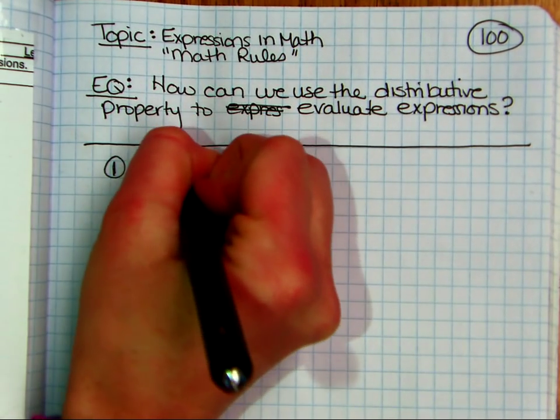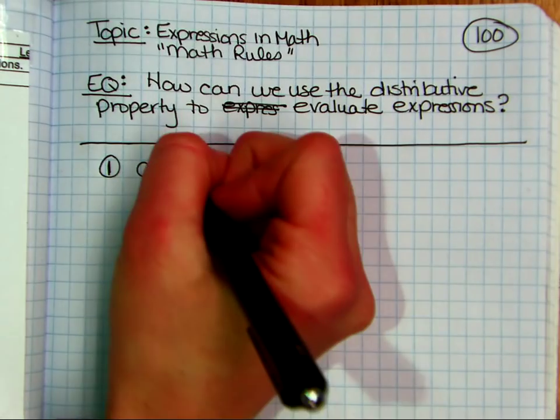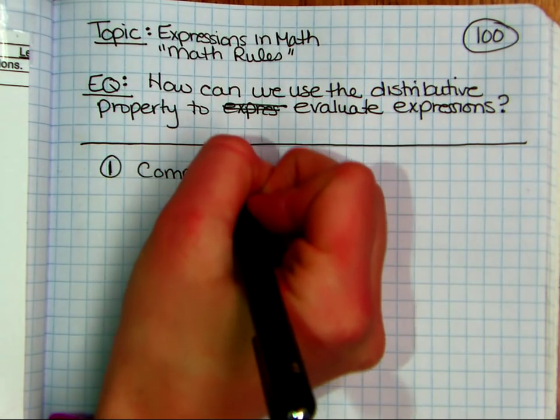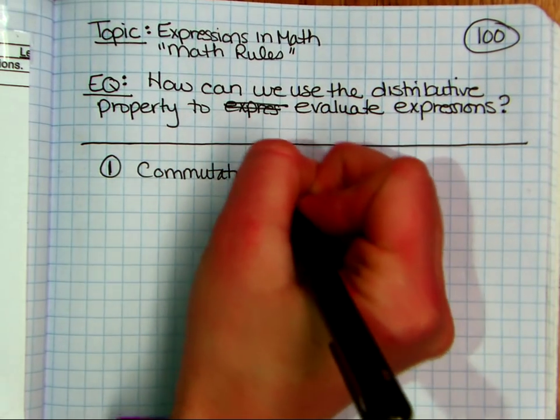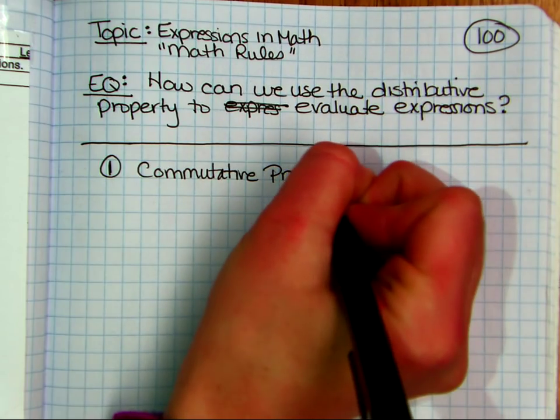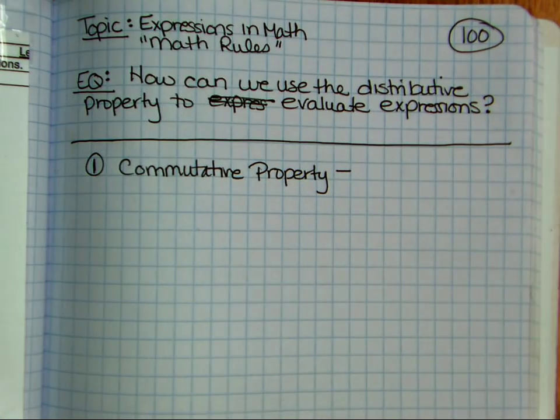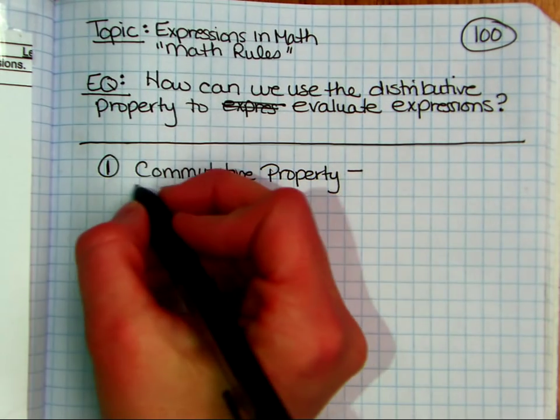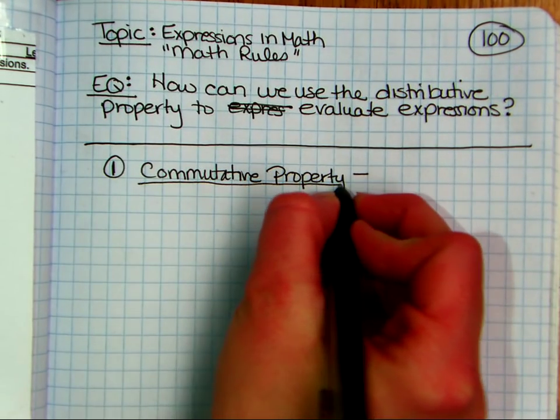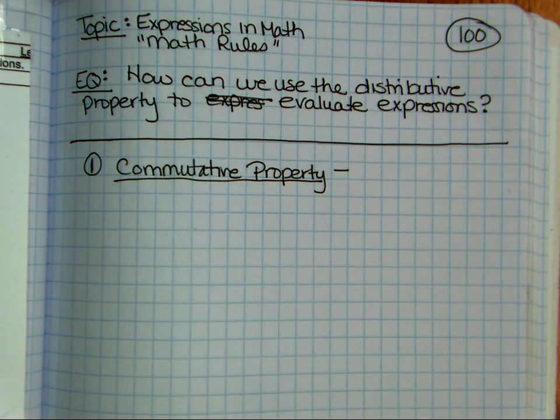The commutative property. And this is changing the order of factors doesn't affect the product.